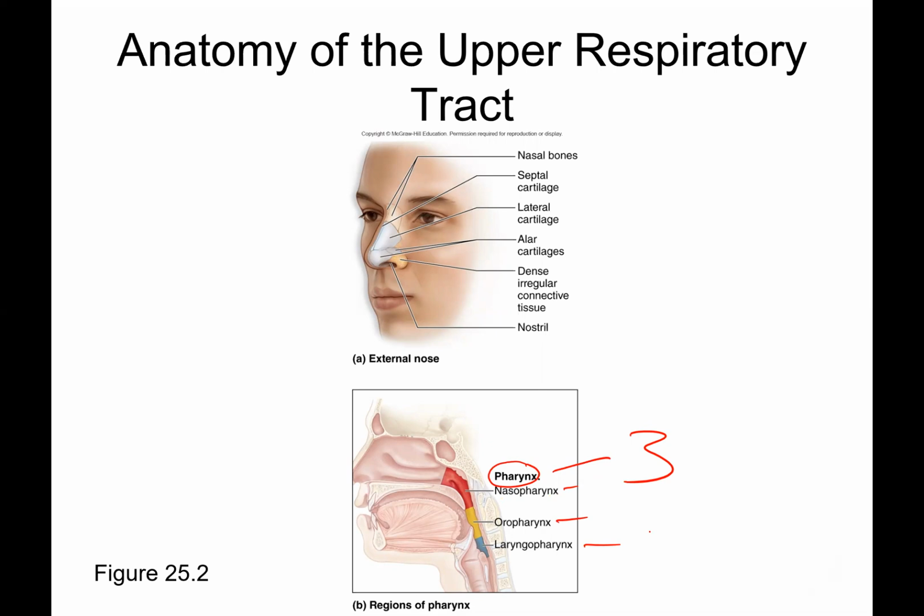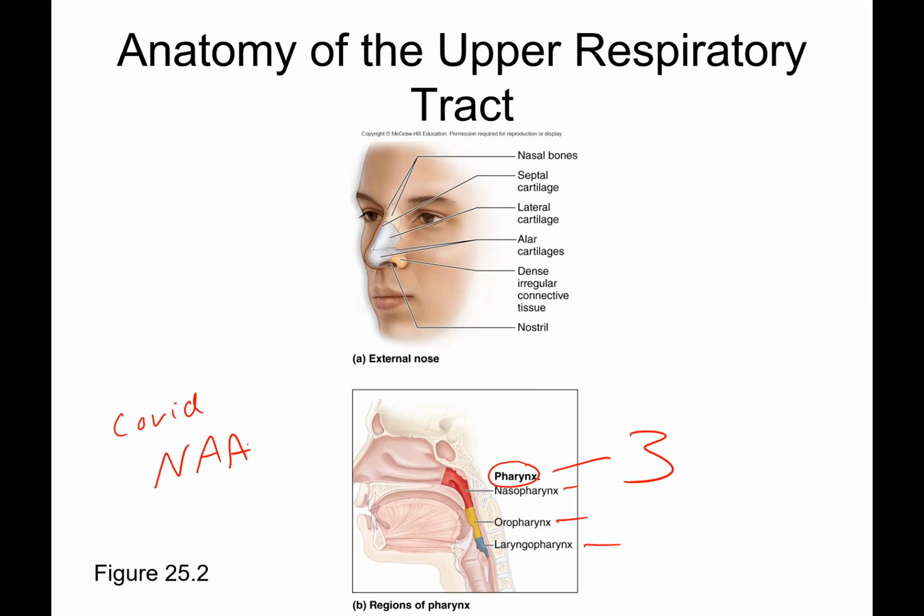Okay, with your Q-tip tests, right now the popular one is the COVID NAA test.